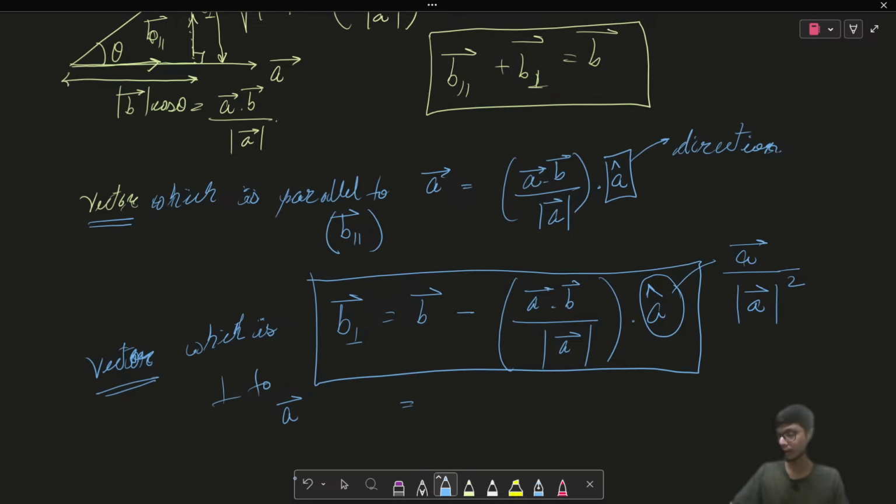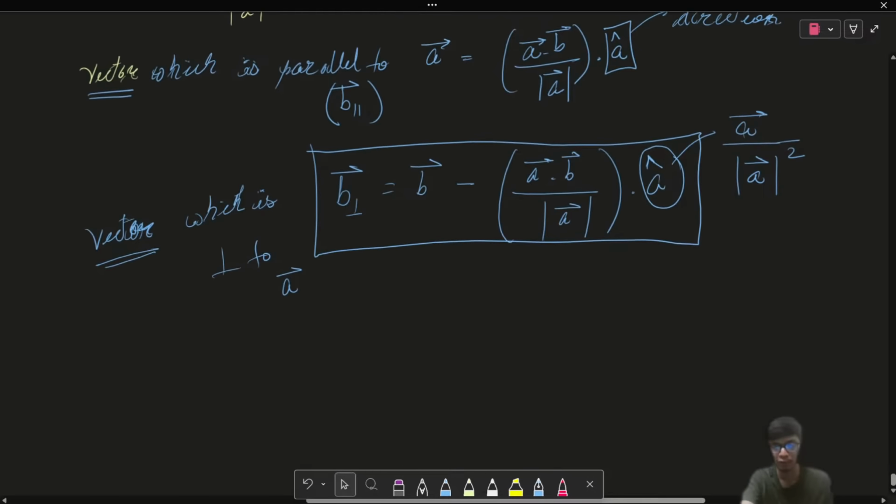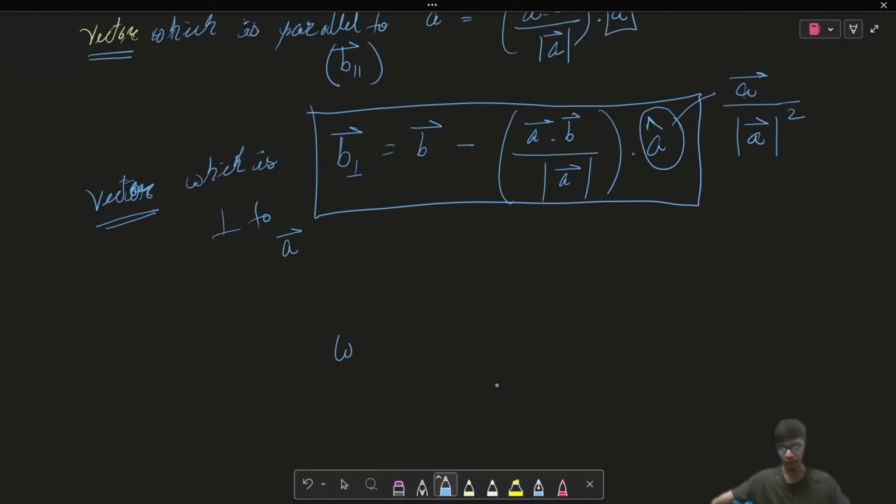Now we can also extrapolate these ideas of vectors to the concepts of physics as well. For example, if I look into the application of dot product, work done by a force on any body is given as a dot product. Work done is a scalar quantity. Let's say the force is given as Fi, and W denotes work done.